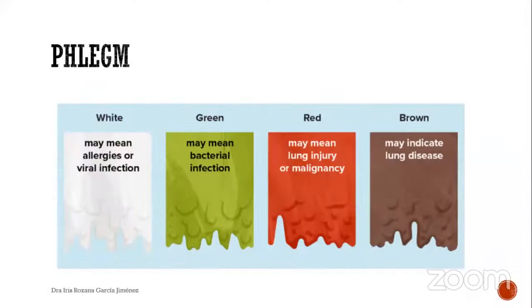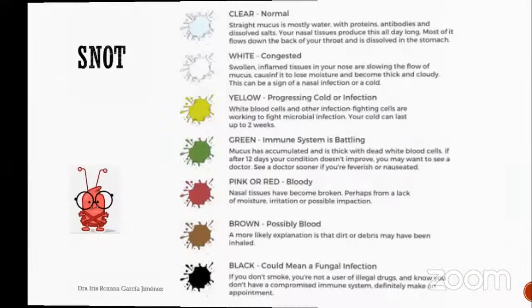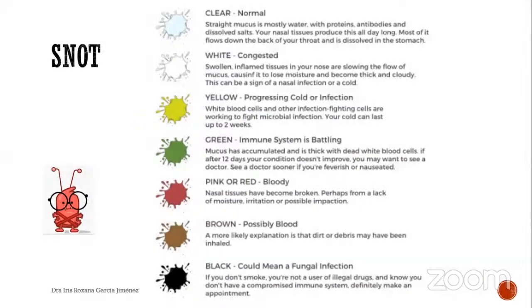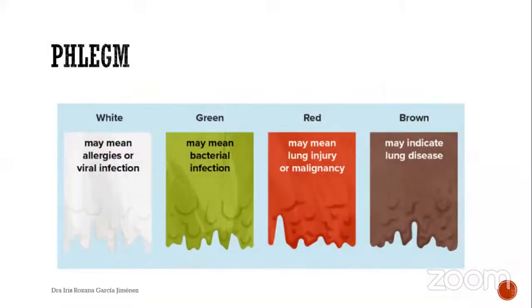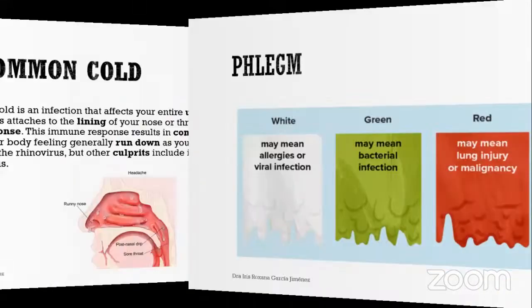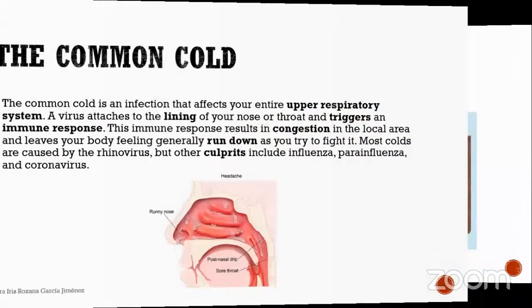With phlegm, of course, we have the same situation as with snot. According to the color, we have a possible diagnosis, an idea of what is going wrong. And then we can combine both pieces of information for making a better analysis, and this vocabulary is going to be helpful for us in order to write down correctly.